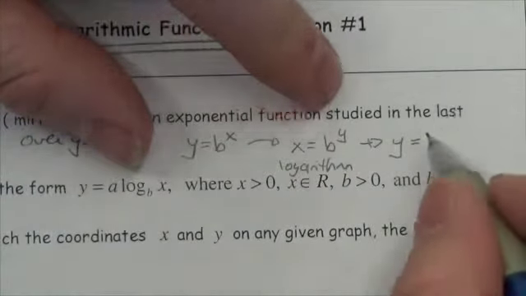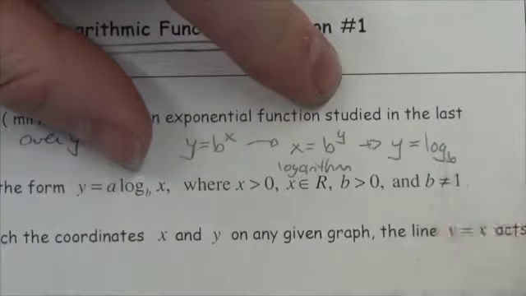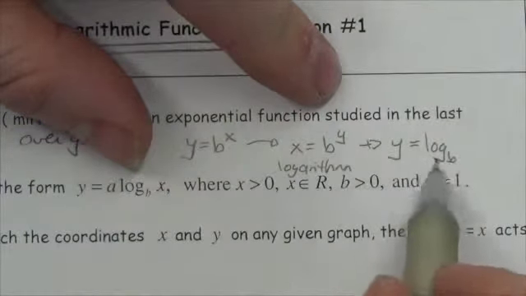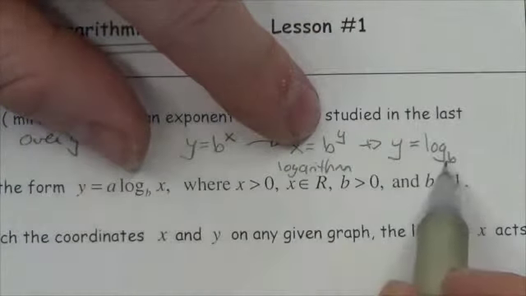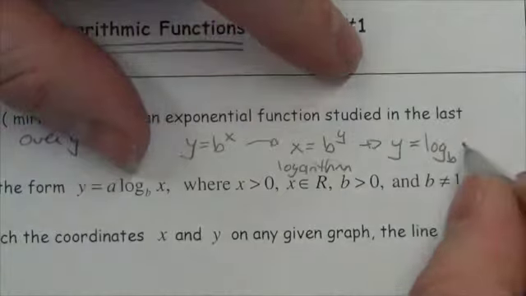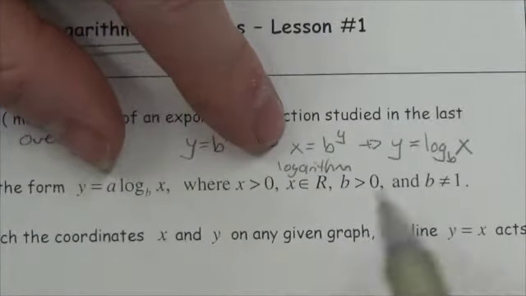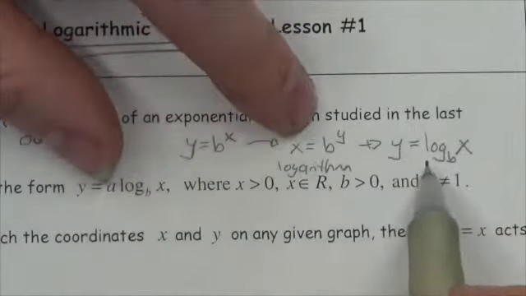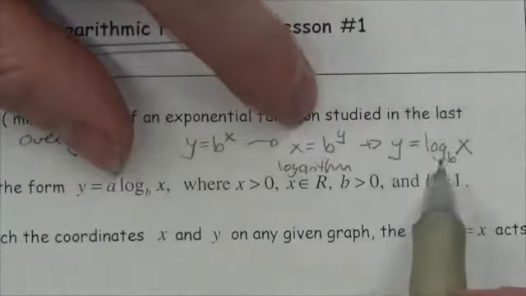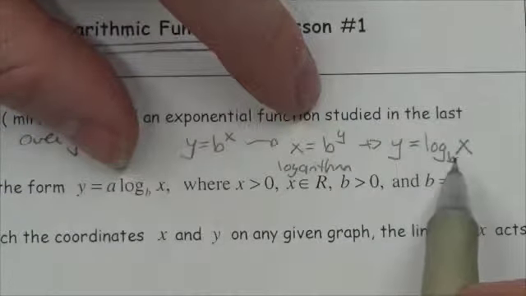The way we do it is this: we throw a log, and the log has a base. We put a little subscript b down there, and the bases are the same. And then we write the x here. So x equals b to the y is the same as y equals the log base b of x. They are identical. They are the exact same thing, just two different forms of writing the same thing.